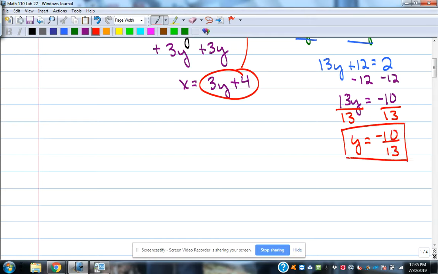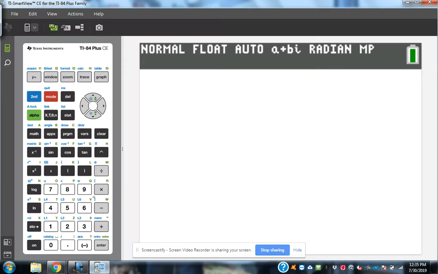There's our y value. We can then take that answer and plug it in for y in the equation that says x equals something. Negative 30 over 13 plus 4. Use the calculator here.